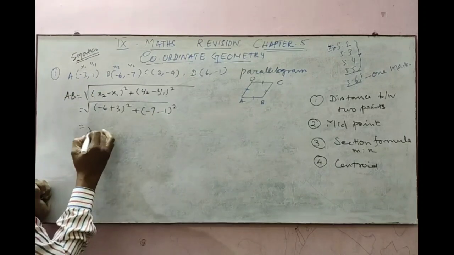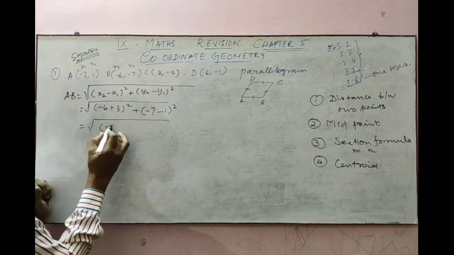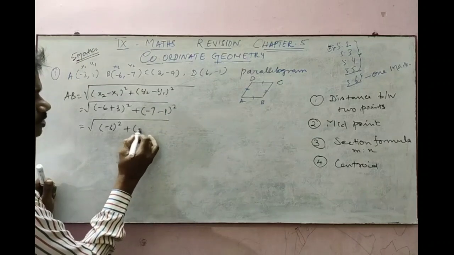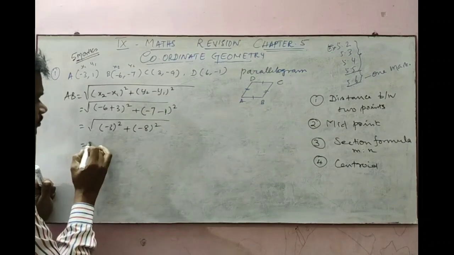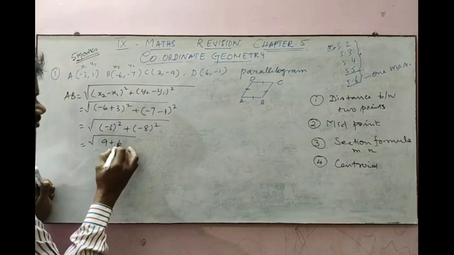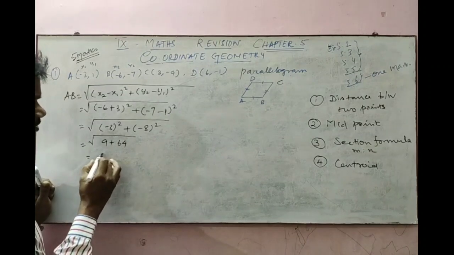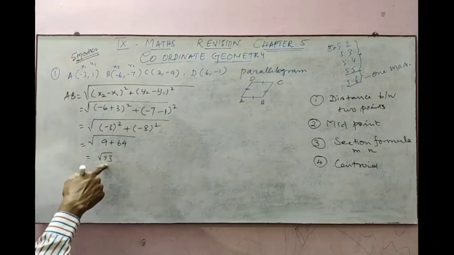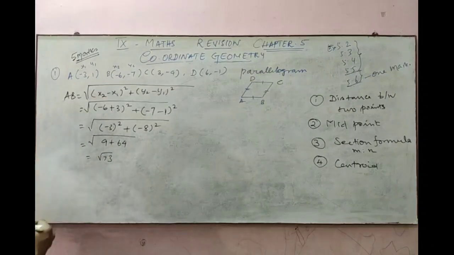Minus 6 plus 3 gives minus 3 whole square. Minus 7 minus 1 gives minus 8 whole square. So 3 square is 9, 8 square is 64. If you add those two numbers, you will get root 73. This is the distance between the 2 points A and B.